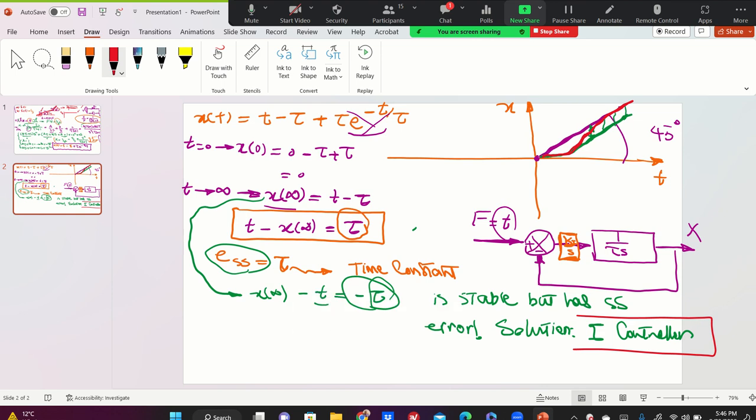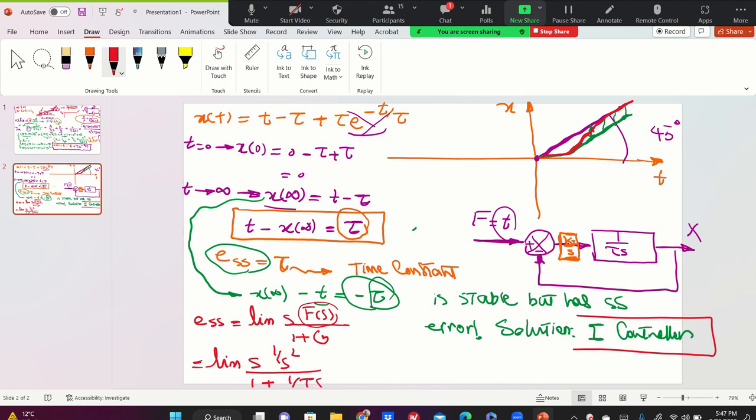So its mathematical proof is here. The steady state error, based on the final value theorem, is the limit as s goes to 0 of s times the input to the system times 1 over 1 plus G, the open loop transfer function. The input is a ramp, so it's 1 over s squared, times 1 over 1 plus 1 over tau s, the open loop transfer function.